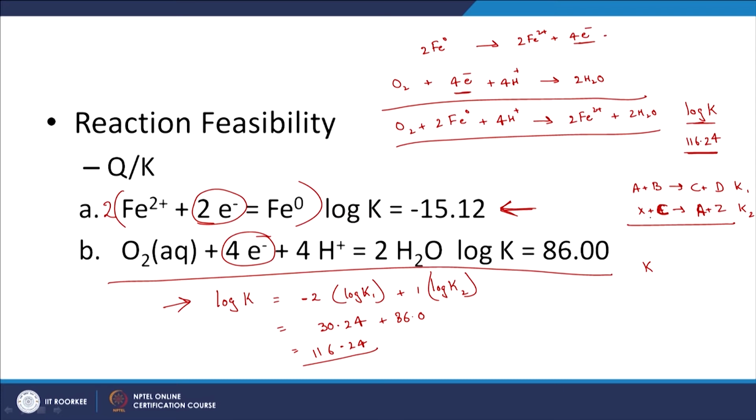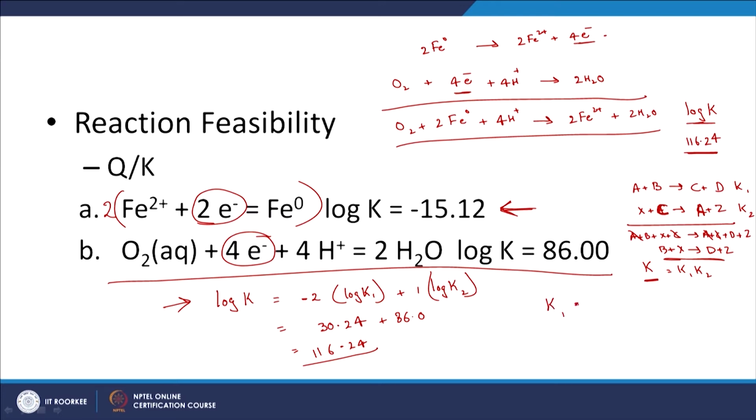Summing up: A plus B plus X plus C goes to A plus C plus D plus Z. A and C cancel out, so the overall reaction is B plus X goes to D plus Z. I want to know the equilibrium coefficient of this overall reaction. If you sum them up, K is going to be equal to K1 times K2, and that is what you see here. Why is that?